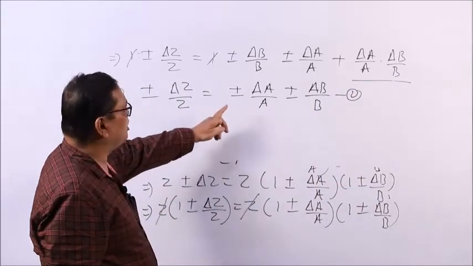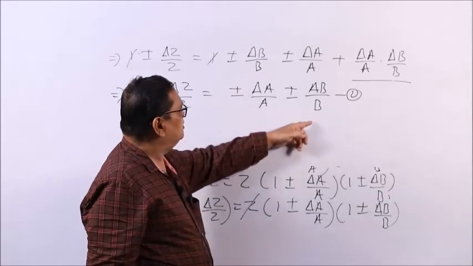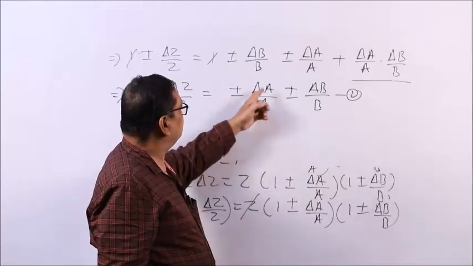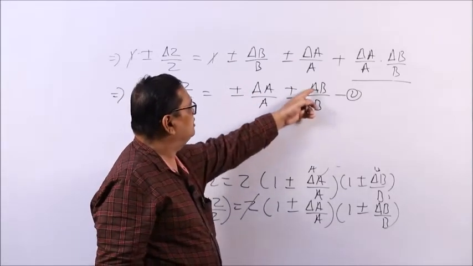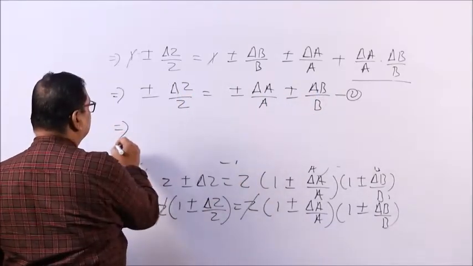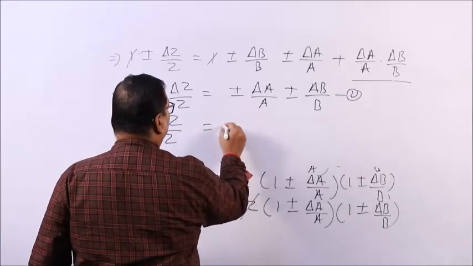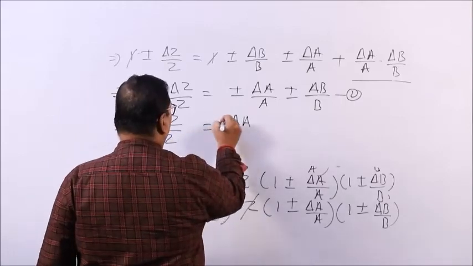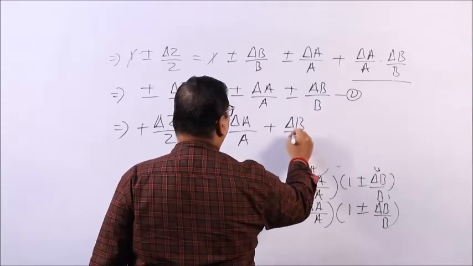Here also you see there are 4 possibilities: plus delta a by a plus delta b by b, plus delta a by a minus delta b by b, minus delta a by a plus delta b by b, minus delta a by a minus delta b by b. Among them, the maximum possible error is delta z by z equal to plus delta a by a plus delta b by b.